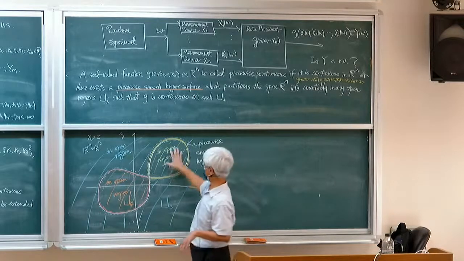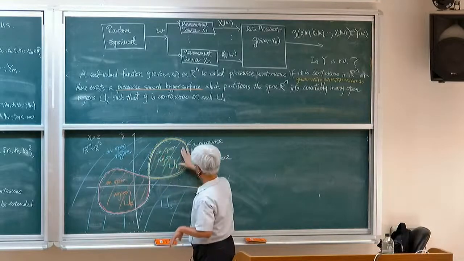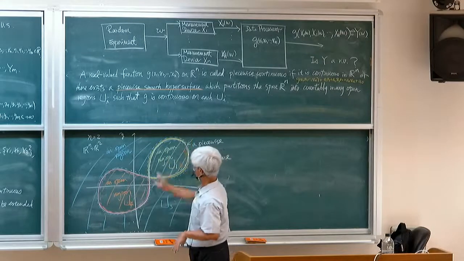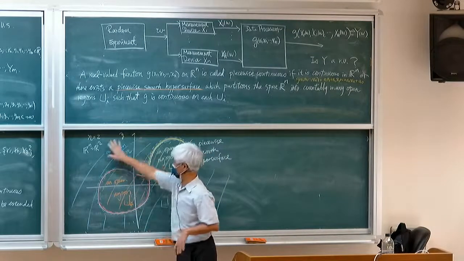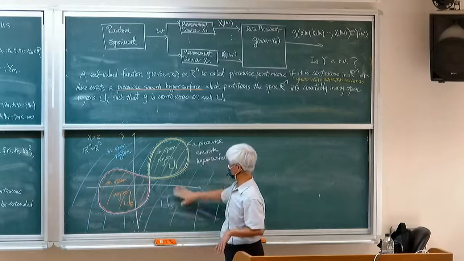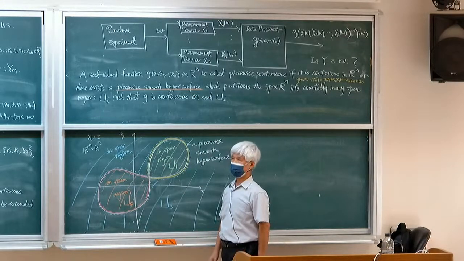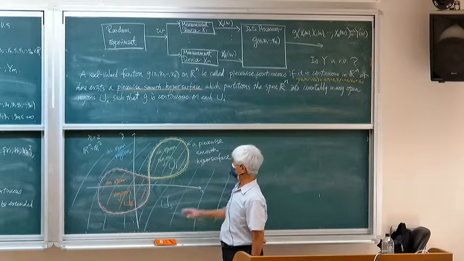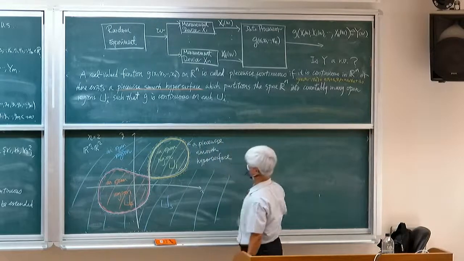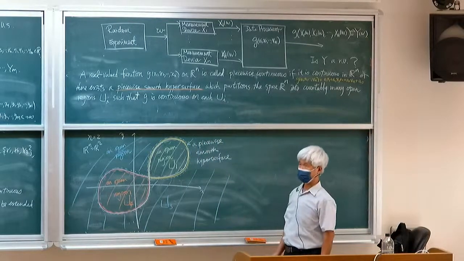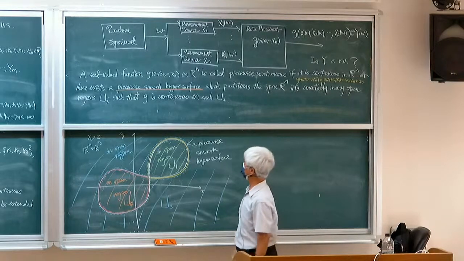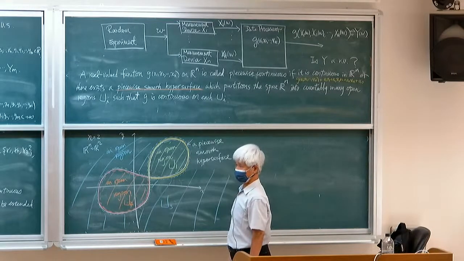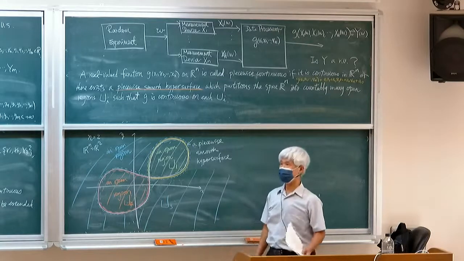So g is continuous over this open region U1, g is continuous over this open region U2, and g is continuous over the outside, the open region U3. In this case, g is called piecewise continuous. Any questions?